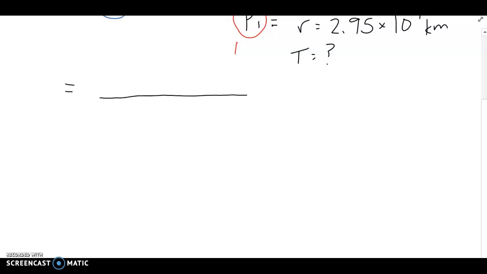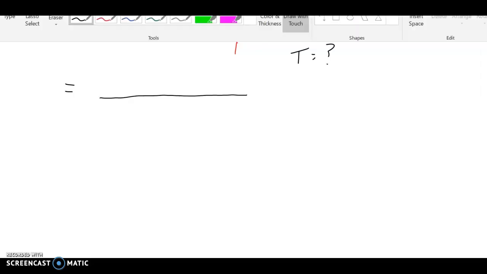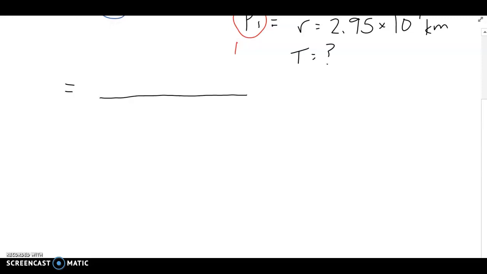We have our Pi value in red, so that would be T squared, and this is Pi.